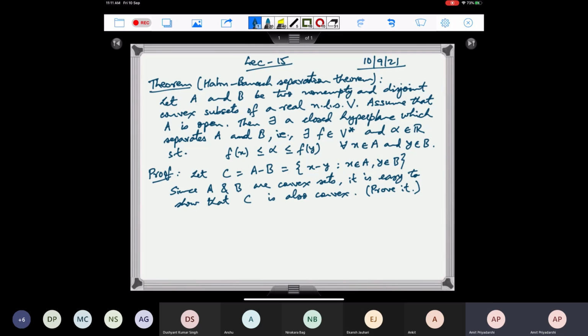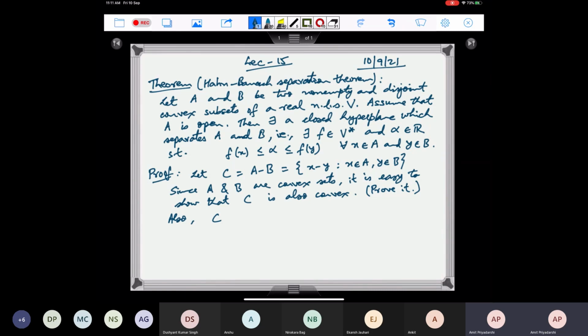So C is convex. Also, now we are given that A is open. Because A is open, C will also be open. Why?